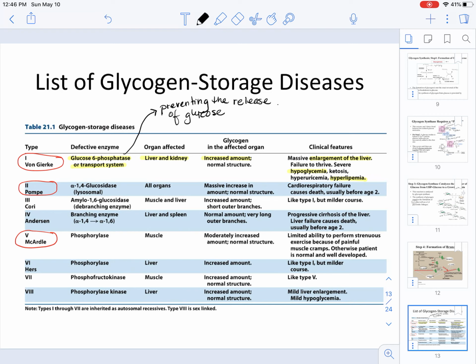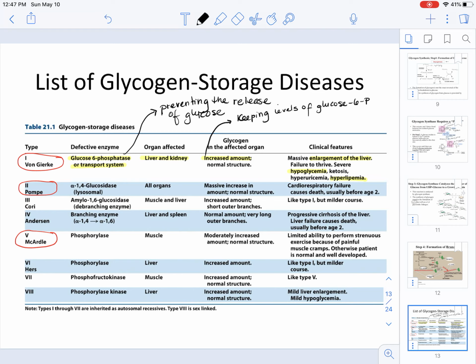If we think about it, it's because we are keeping the levels of glucose 6-phosphate up, and the phosphate I'm just going to write as a P. Understand that even though some of it will be funneled into glycolysis, the other portion is going to be funneled into glycogen synthesis, because we already explained that if you have excess glucose, then glucose 6-phosphate is going to be converted to glucose 1-phosphate, and that is going to end up forming UDP-glucose, and that leads to the formation of glycogen.